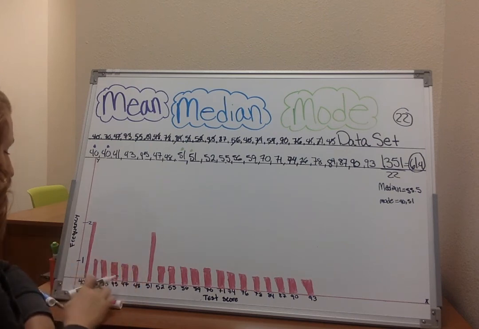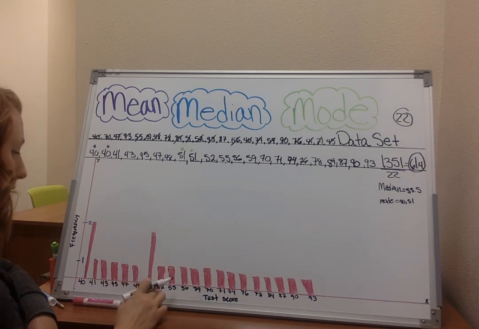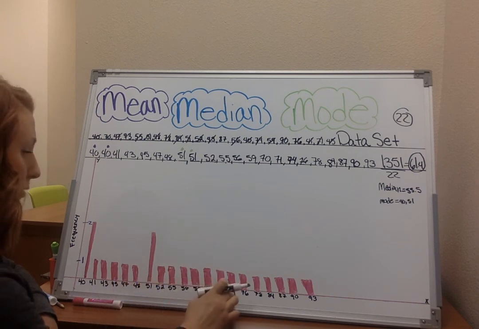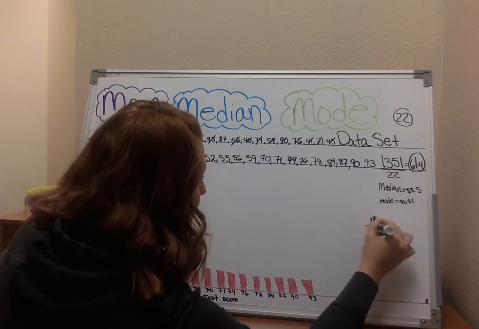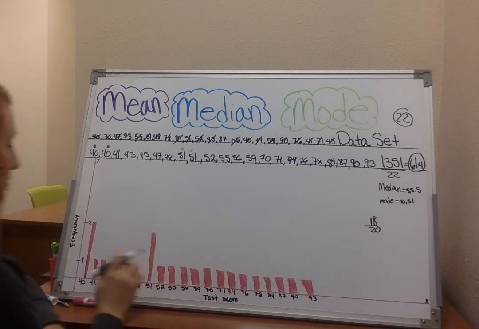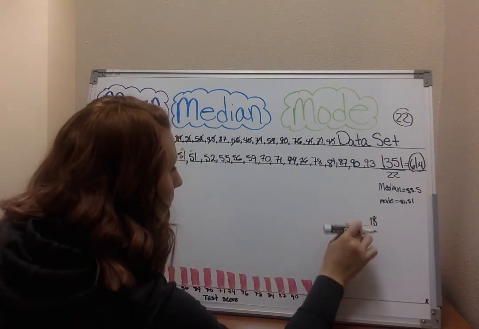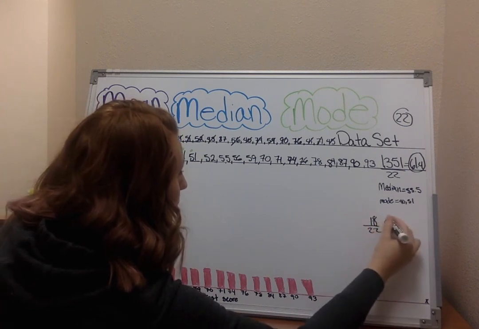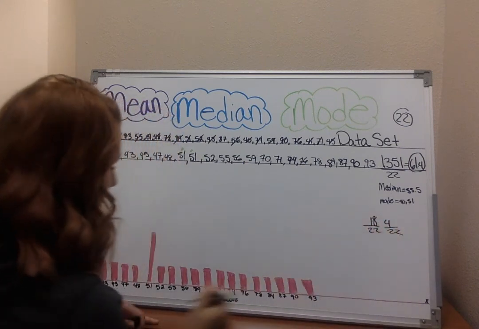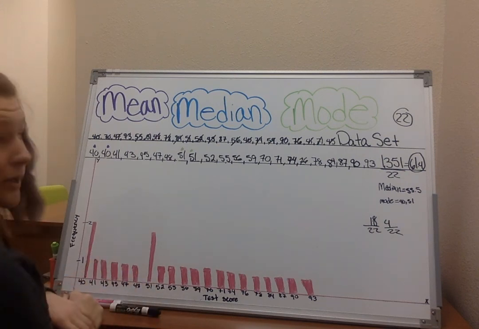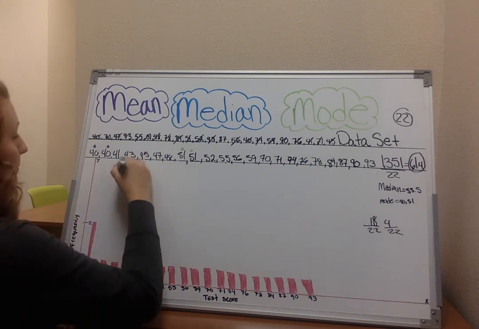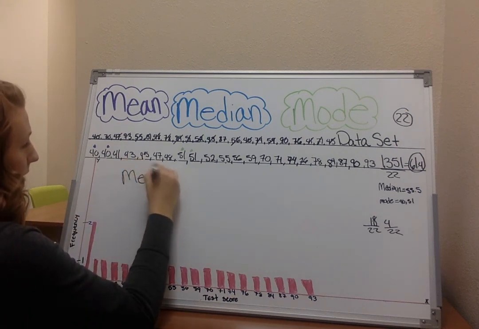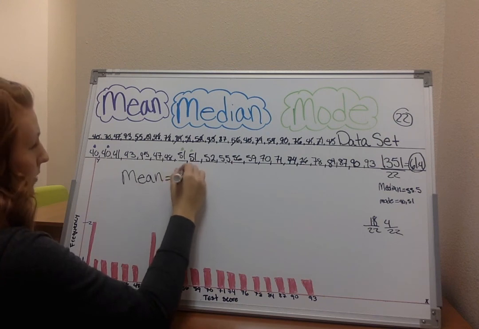So, 1, 2, 3, 4, 5, 6, 7, 8, 9, 10, 11, 12, 13, 14, 15, 16, 17, 18. 18 out of our 22 friends had individual scores, and 1, 2, 3, 4 out of our 22 friends had double scores.